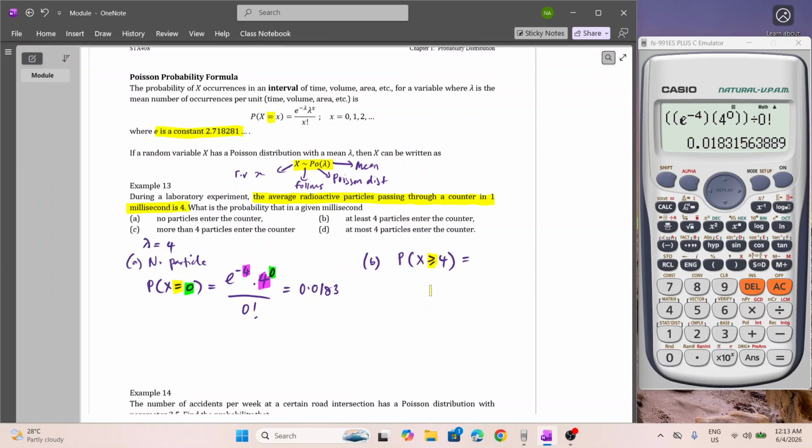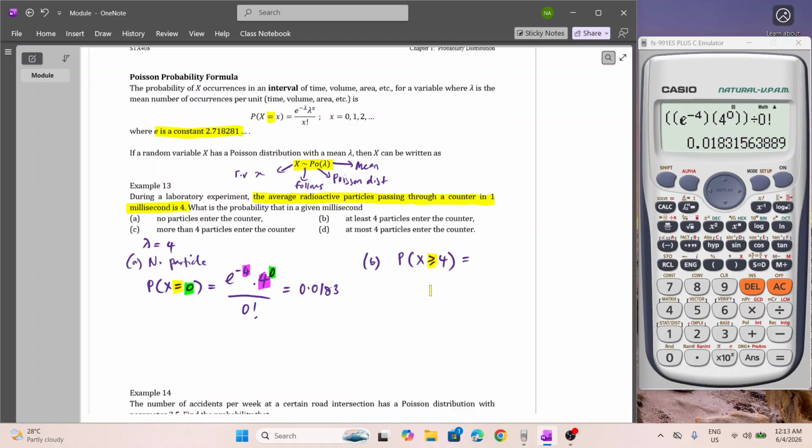It is easier to use the statistical table. But if the question asks you to use the formula, then you need to use the formula. This time I will show you how to find the answer by using the statistical table.